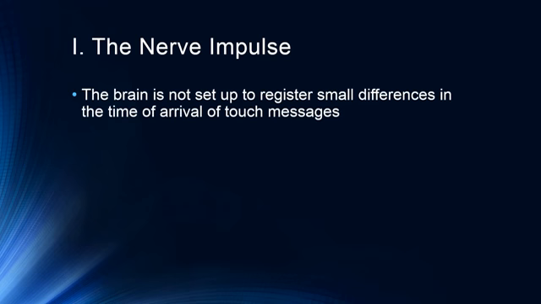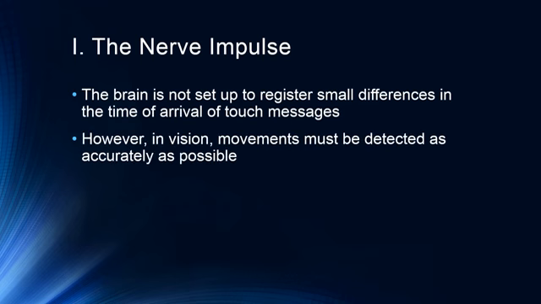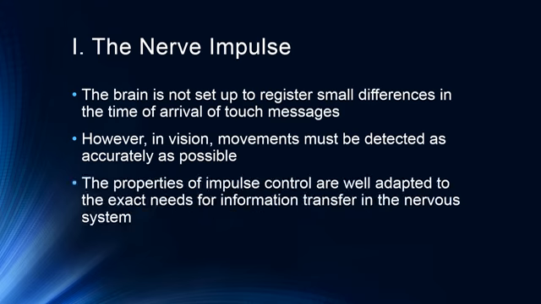So the brain is not set up to register small differences in the time of arrival of touch messages. But in vision, movements must be detected as accurately as possible. So the properties of impulse control are well adapted to the exact needs for information transfer in the nervous system. This nerve impulse control is particularly important for how signals are generated and how information is processed.